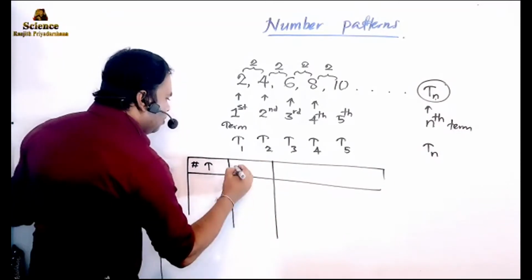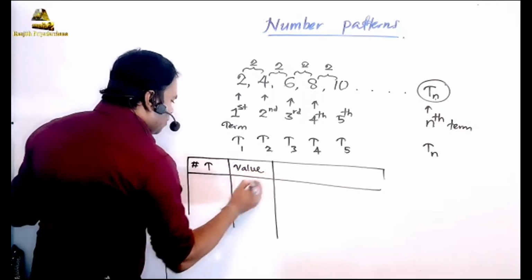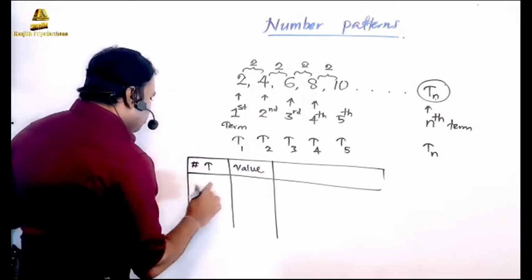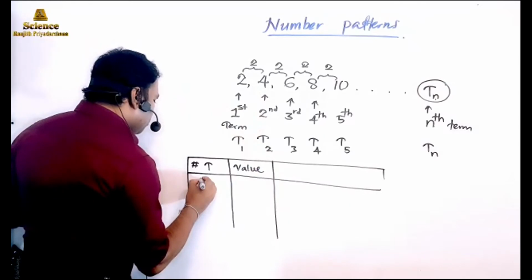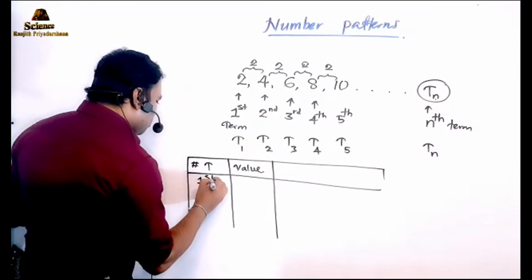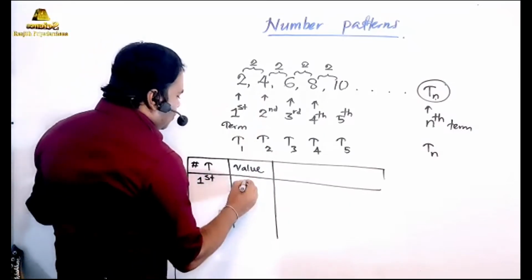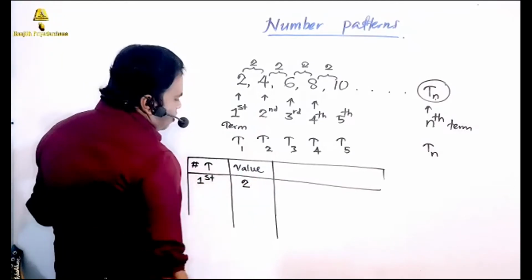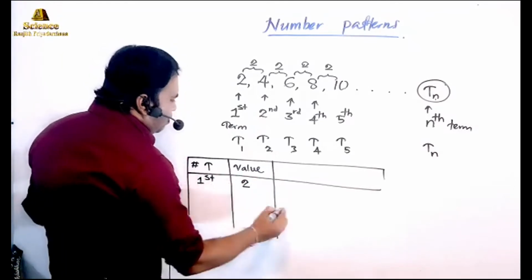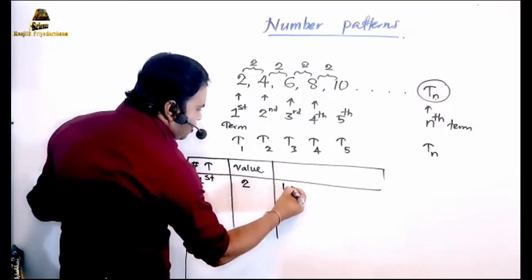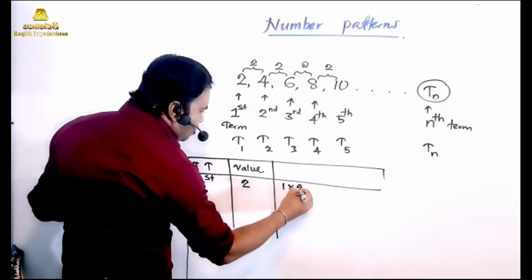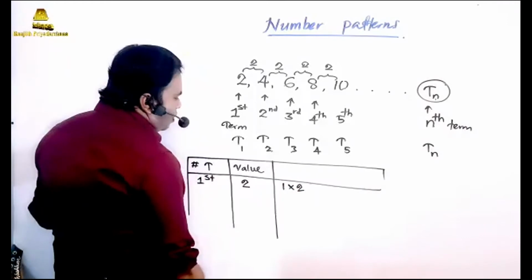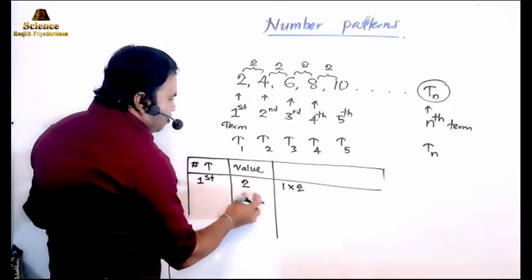Okay, it's the value. Let's take the first one, first term. Yes, its value is 2. We can write it as first term, 1 times 2. So then the answer becomes the value 2.